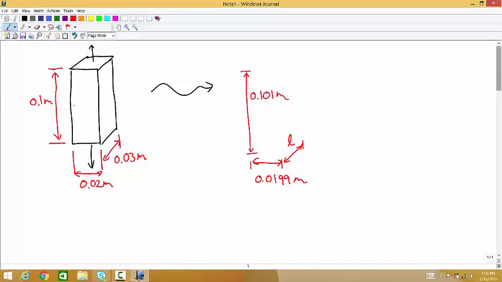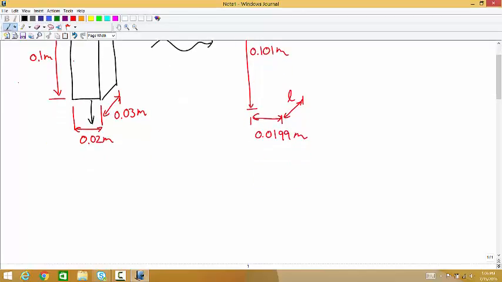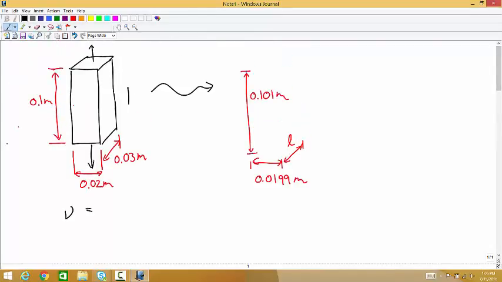So Poisson's ratio says that if this is the x-axis, that loaded axis, and this is the y-axis, and the z-axis would be going this way, negative strain yy over strain xx is equal to negative of the strain zz divided by strain xx.